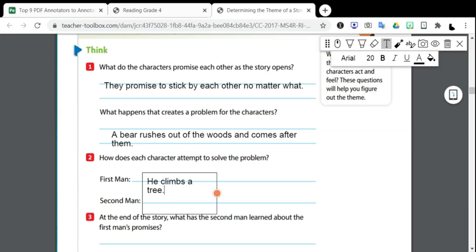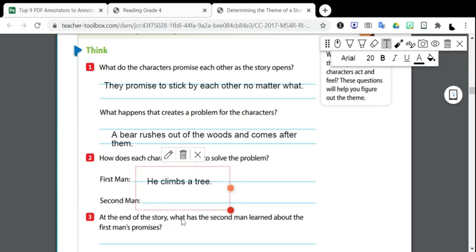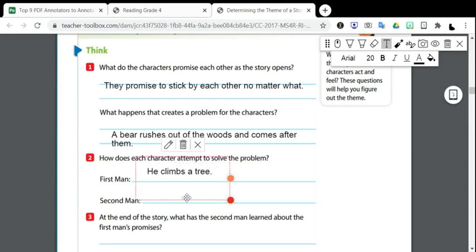Next question, what happens that creates a problem for the characters? A bear rushes out of the woods and comes after them. Okay. How does each character attempt to solve the problem?